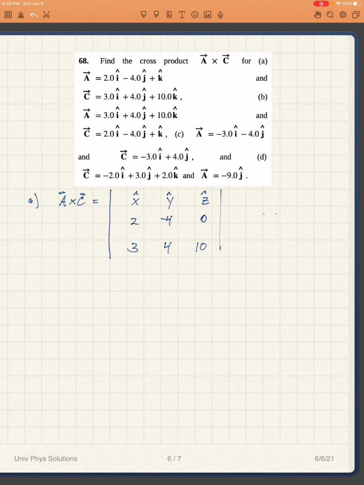And what I'm going to do first is ignore this column and take the product of these two quantities minus the product of these two quantities. And that is going to be my x component.